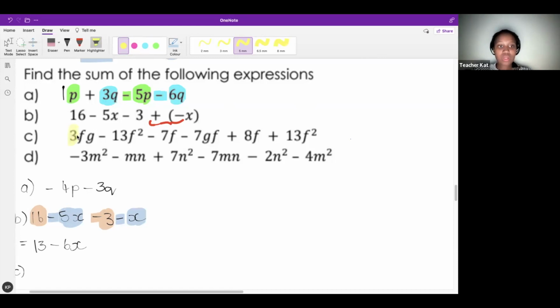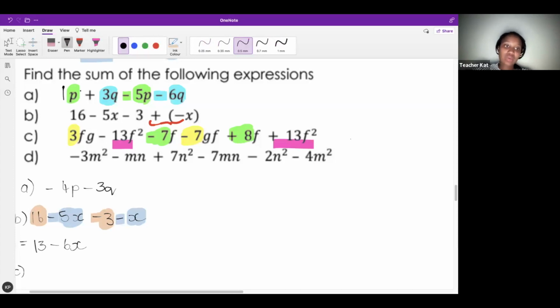Okay, so this one, 3, and this one, I'm guessing, negative 7. Yes, they both have an F and they both have a G. Okay, next set, negative 7, this one, and 8. And my last set are the ones that are left over. So negative 13 and positive 13.